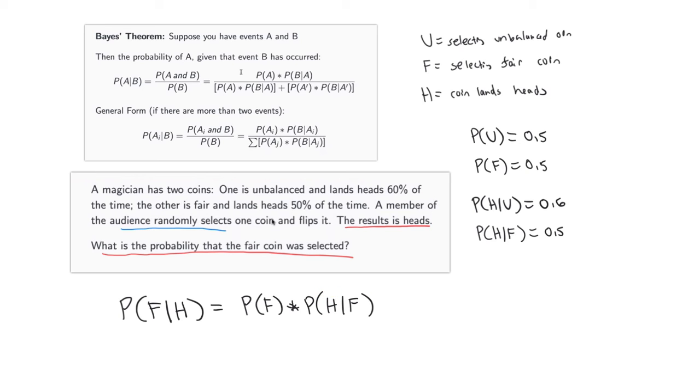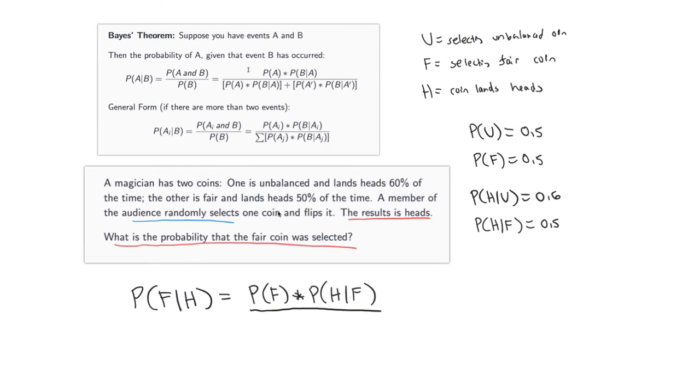So that's nice. We already know the numerator is going to be a piece of cake. But then we have to sort of make sense out of this. Now, I'm going to dive in here for the sake of avoiding confusion and start writing stuff. The reality is when they say A, we mean F. When they say B, we mean H, right?